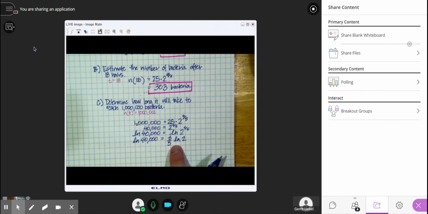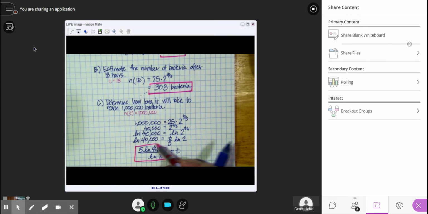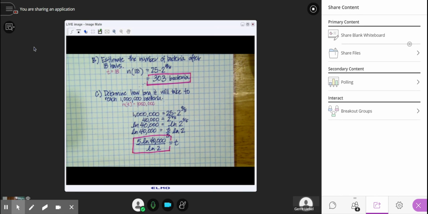And in order to solve this for t, I'm going to need to multiply both sides by 5 and divide by the natural log of 2. This gives me my exact answer, which when you're asked for a specific time is not going to be helpful.